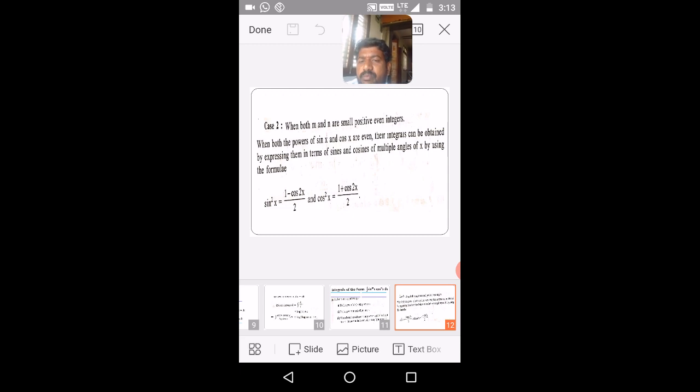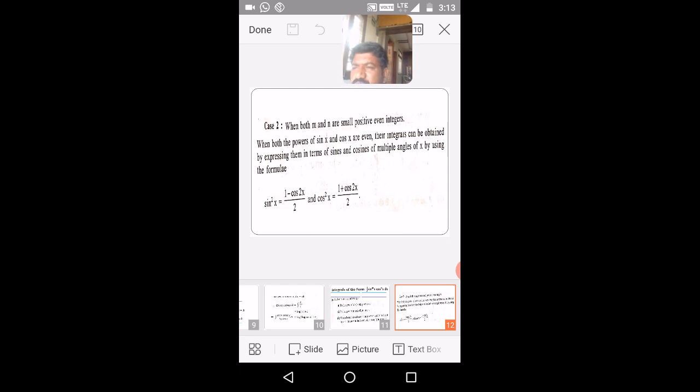And case 2, when both m and n are small positive even integers. We studied the case where one is even and one is odd, and the case where both are odd.